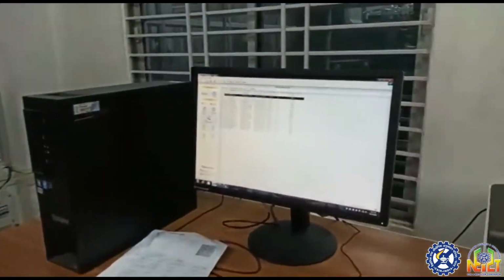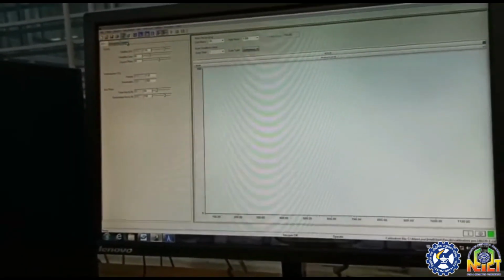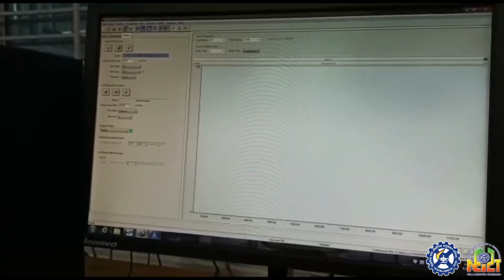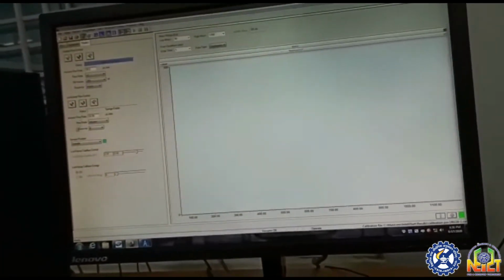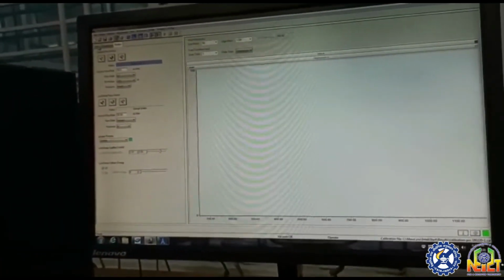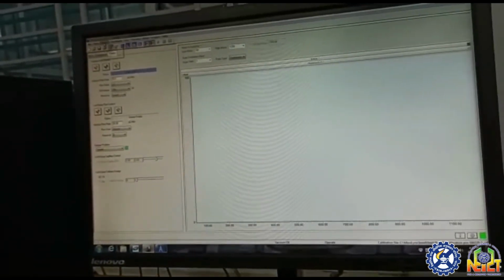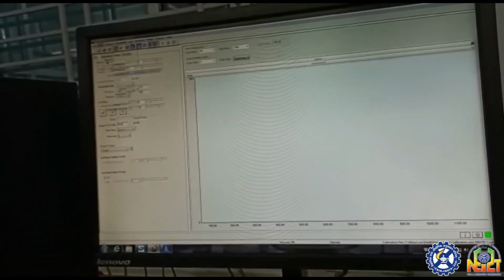Here we are just loading the samples. You can see here the file name and bottle number. This one is the tune page. Here you can see the fluidics, sample flow control, and LockSpray flow control.